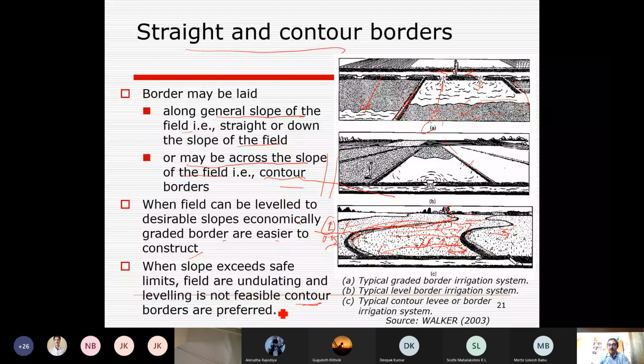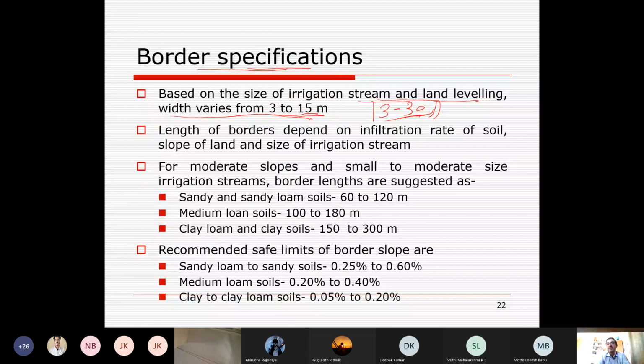Depends on the soil and leveling condition. It can vary, or even it can go to 30 meter as well if there is more clay. Length, what? 100 to 800 meter, but that is the maximum condition.